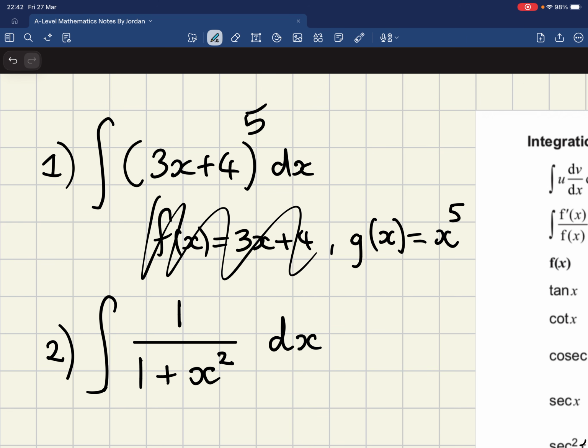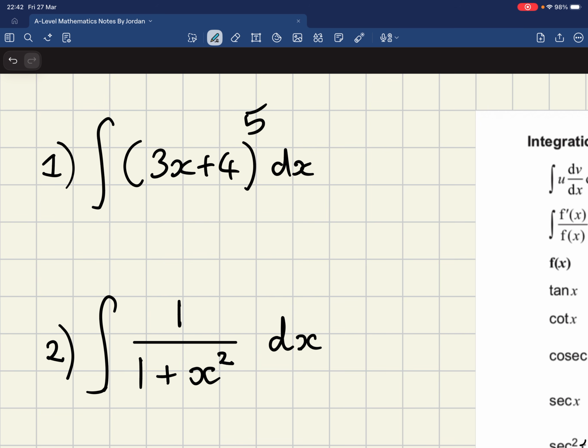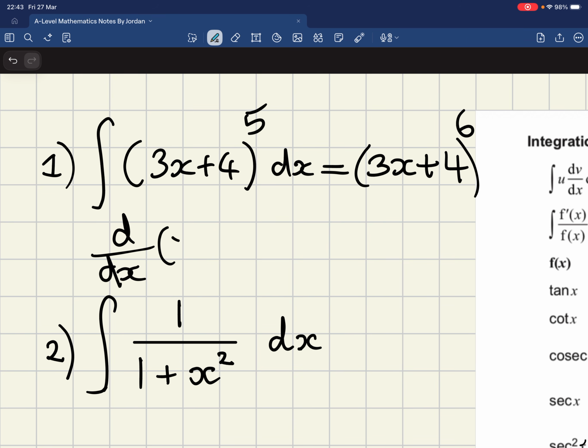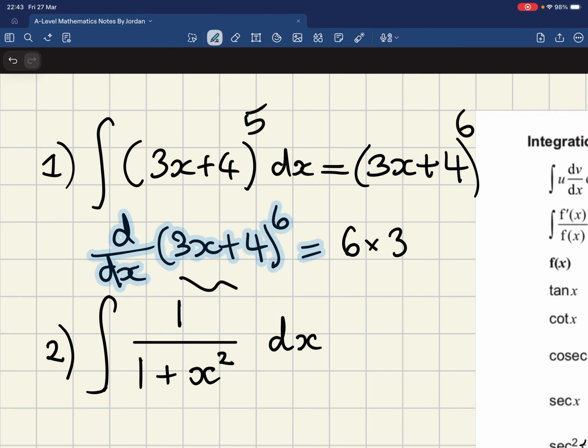So what can I do? Well, what I would do is I would make a guess, which would be that it's going to be 3x plus 4 to the power of 6. And if I differentiate that guess with respect to x using the chain rule, I will get the 6 coming down multiplied by the 3, which you get from differentiating that bracket there. 3x plus 4 to the power of 5, I end up with 18 at the front.